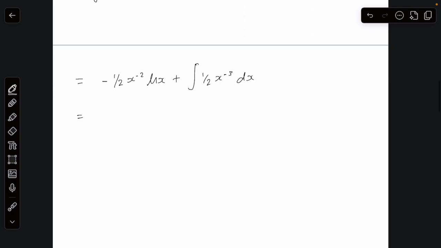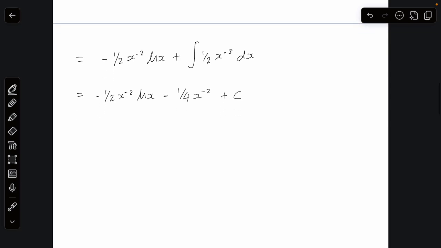Which therefore gives minus a half x to the minus 2 ln x, and then we're going to have the integral of this, so that's going to give us minus a quarter x to the minus 2, plus c.